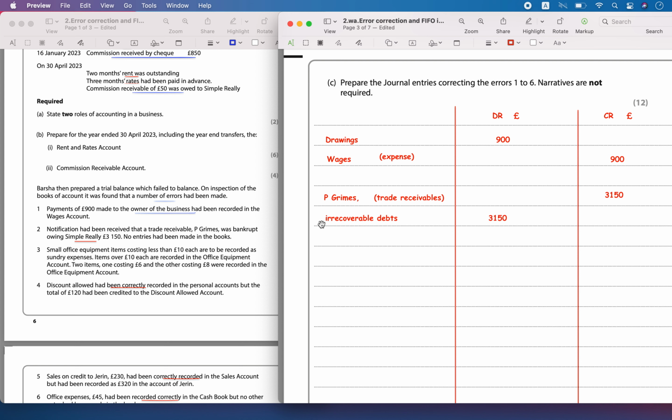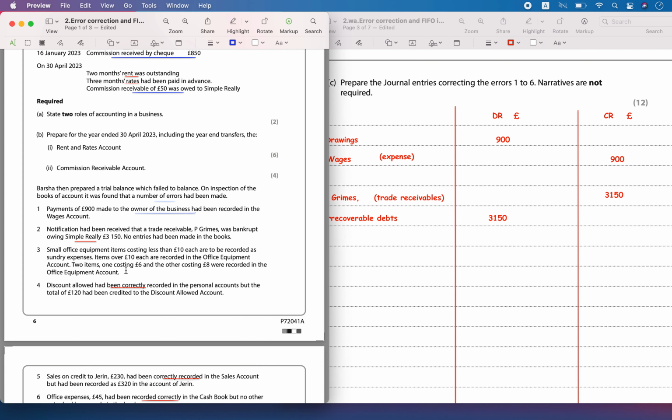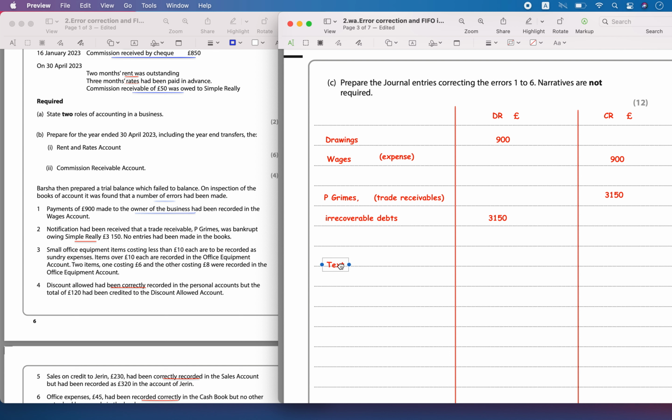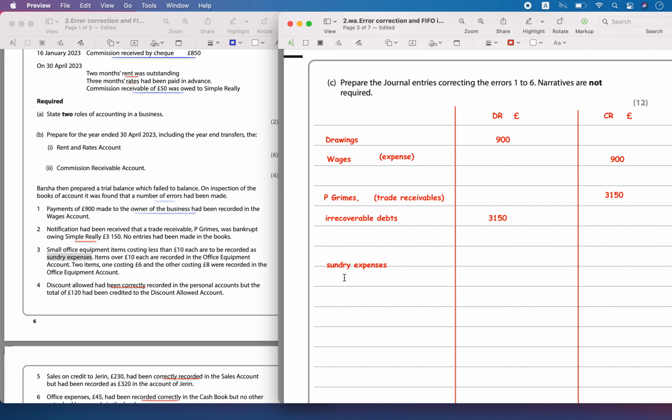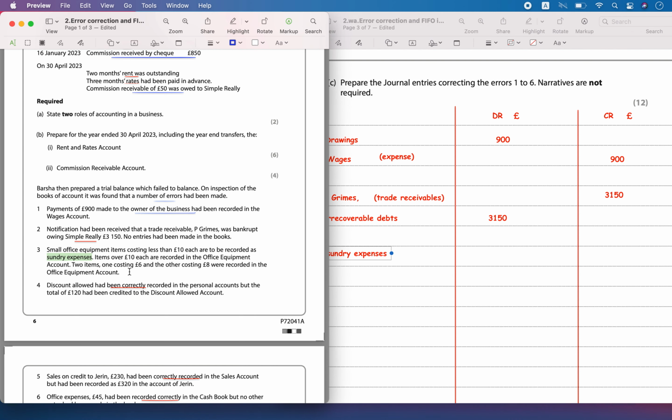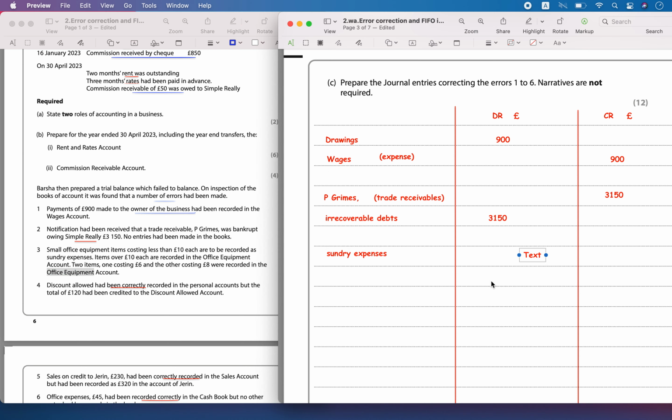So the next one is: small office equipment items costing less than 10 pounds have to be recorded into the sundry expenses. So sundry expenses is one of them, and the other account where it had been recorded wrongly, two items for 6 and 8 pounds, was the office equipment account. So we have to correct these two entries.